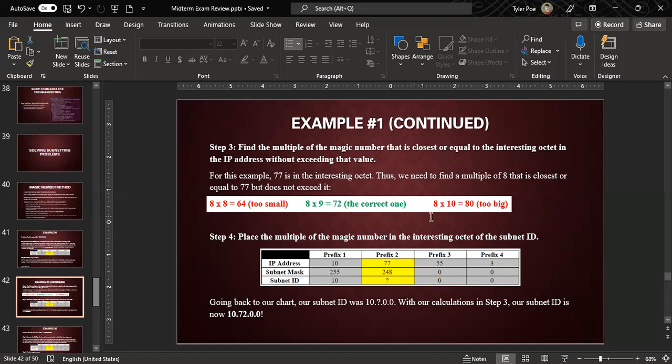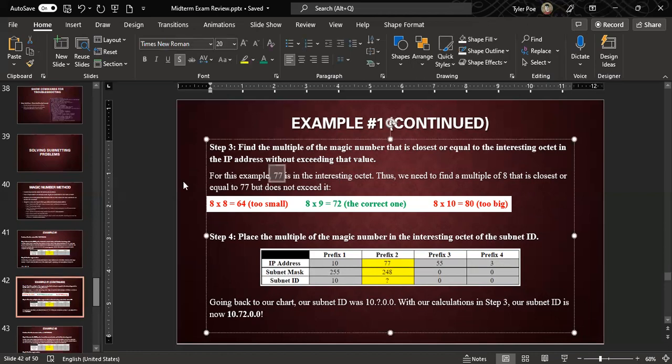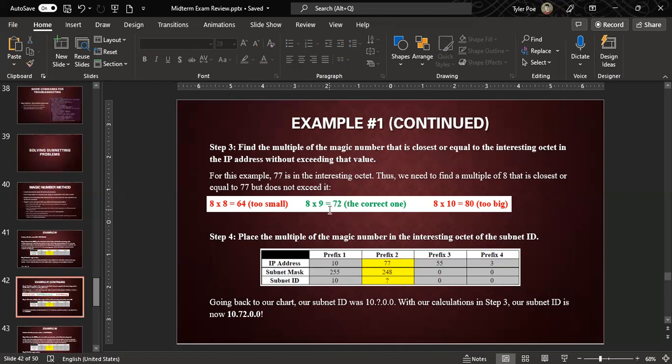So if you see here, 8 times 8 is 64. That number is too small because 8 times 9 is much closer, it's 72. However, 8 times 10 is 80. It's bigger than the interesting octet. We can't have a number that's larger. We can have a number that's equal to it, but not larger. So therefore, 72 is the correct answer.